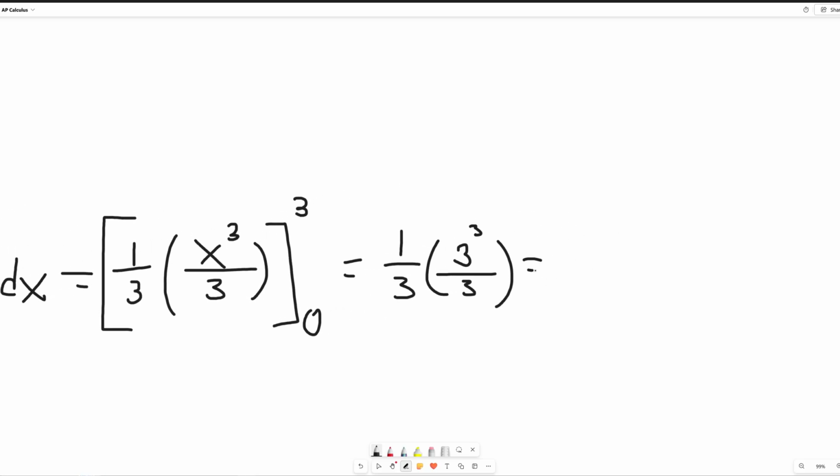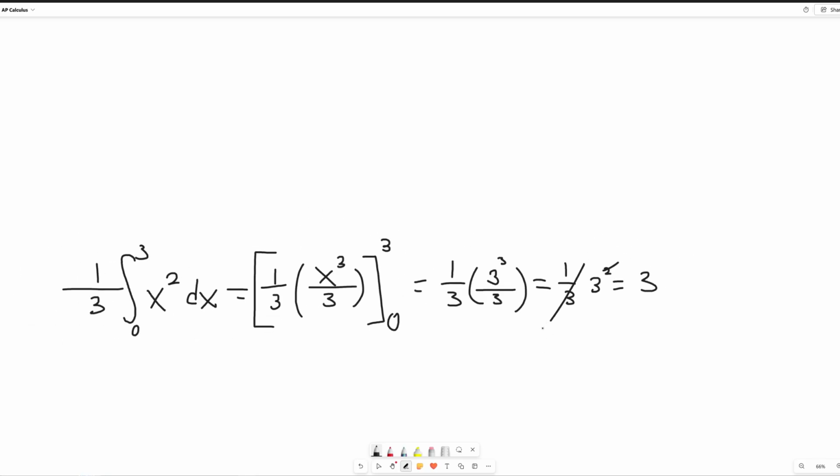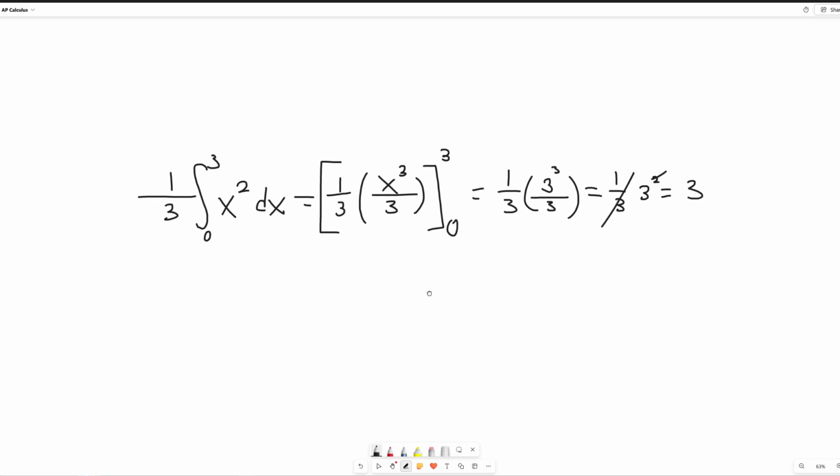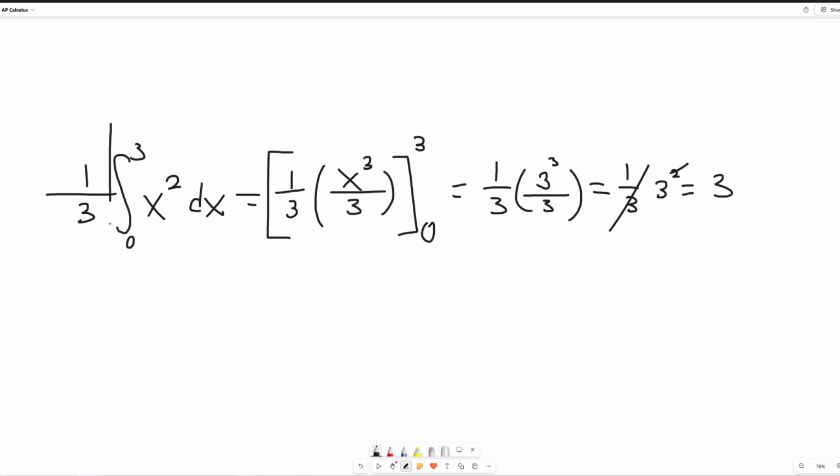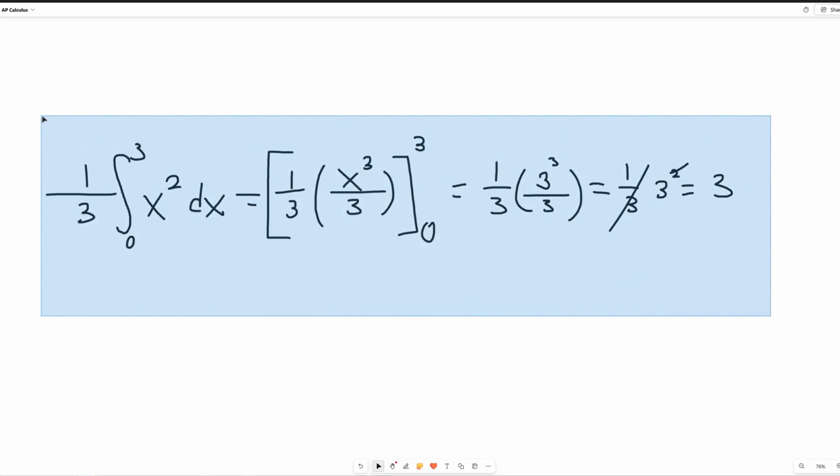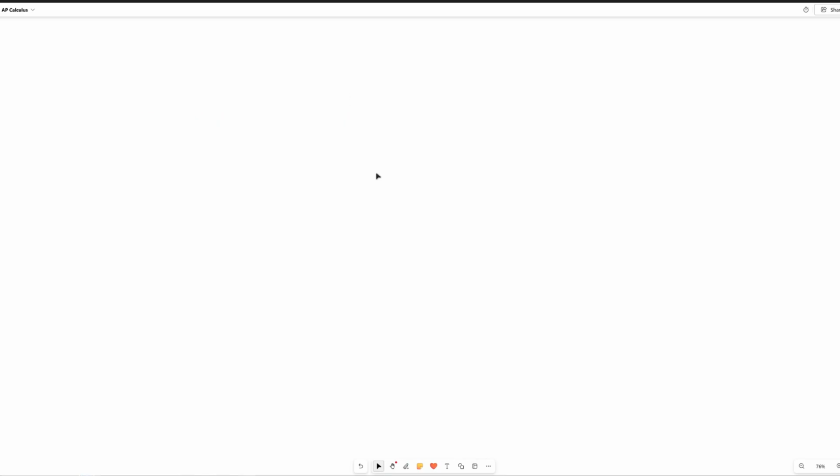So this ends up being 1/3 times 3 squared, because 3 cubed over 3 is 3 squared, which ends up being 3. So, the average value of x squared between 0 and 3 is 3. That is it. That is our answer.